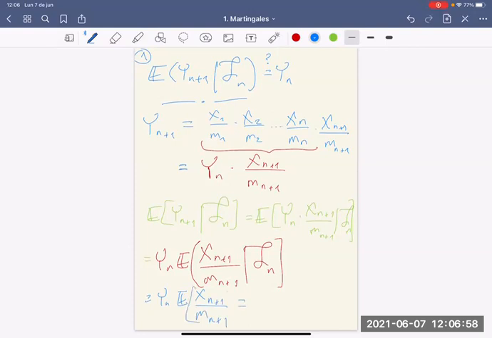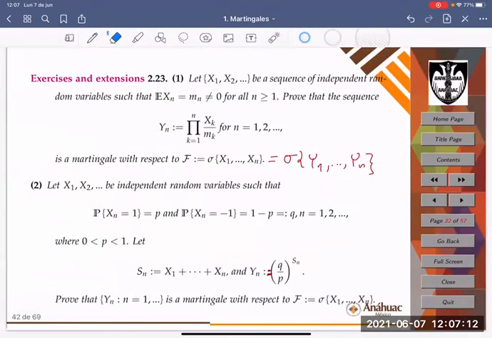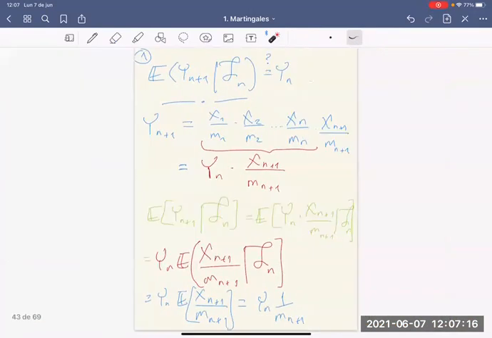But this is just Y_n divided by m_{n+1} multiplied by the expectation of X_{n+1}, which by our hypothesis is just m_{n+1}. That means that in here we just have m_{n+1}, and this thing cancels out with this other thing, and we have exactly what we needed to prove.